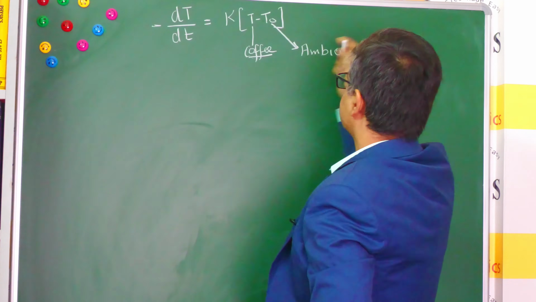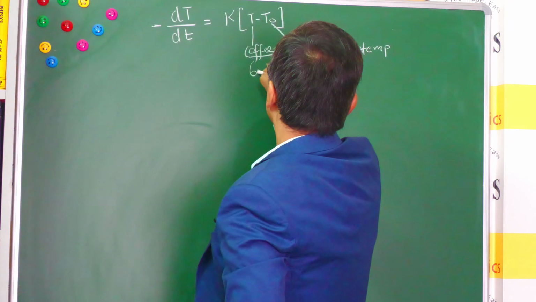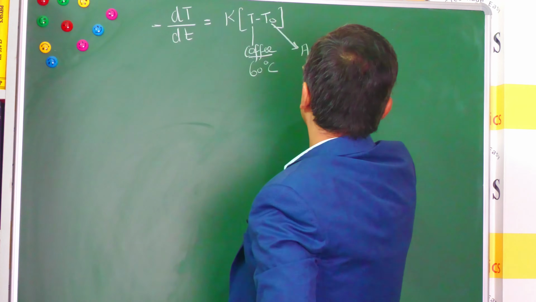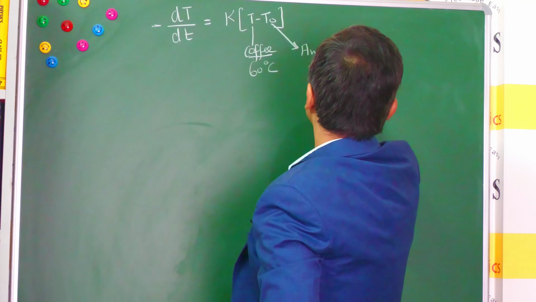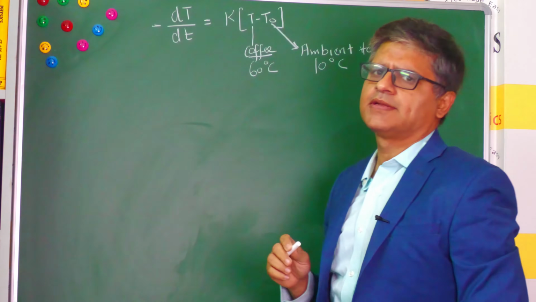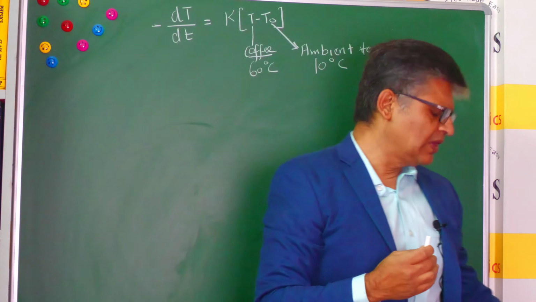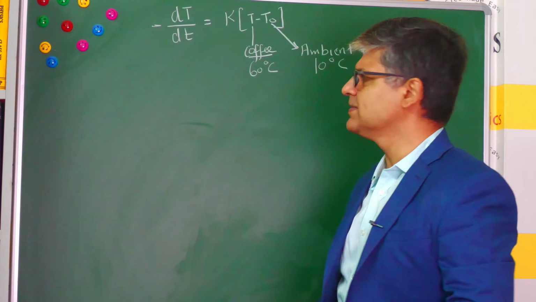I said the coffee is at 60 degrees and the room temperature is 10 degrees. Always remember that a lot of physics is done in kelvins, so always convert to kelvins.